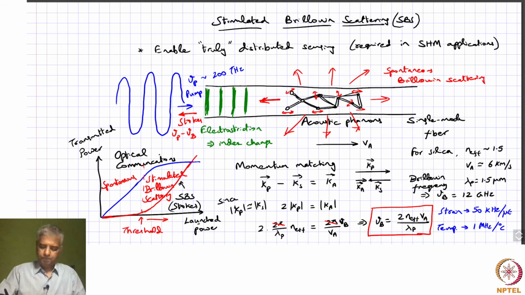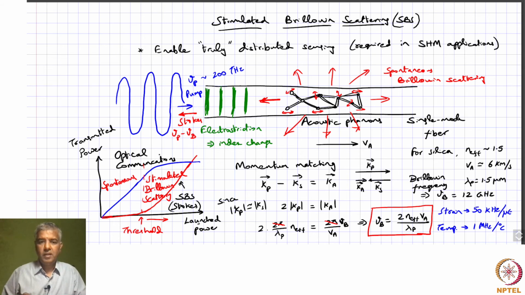Okay, so you can chirp that. You can broaden the spectrum of your optical source to essentially move the threshold to higher power levels. That's what you want to do in optical communications.